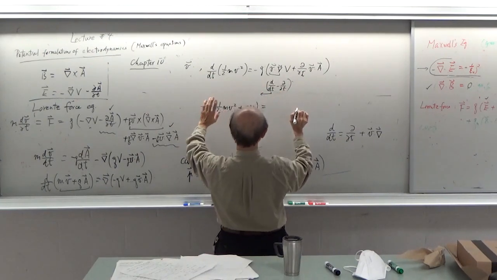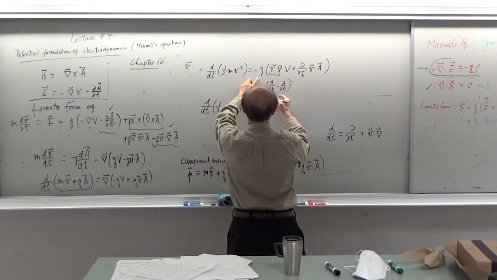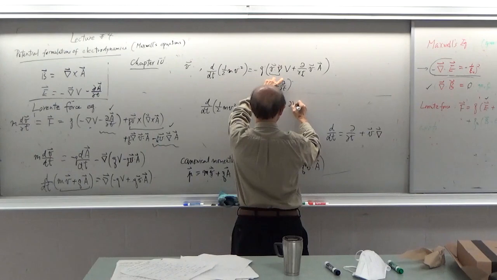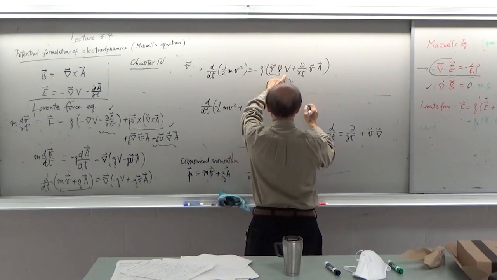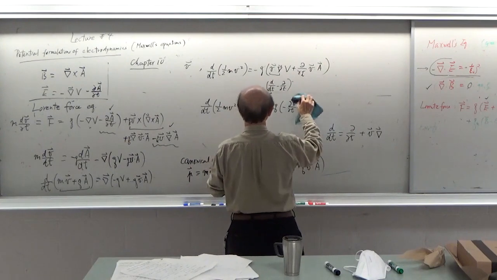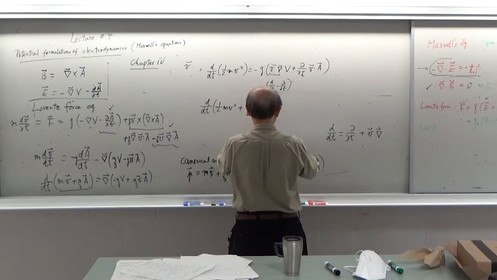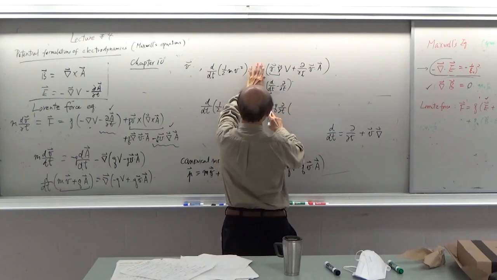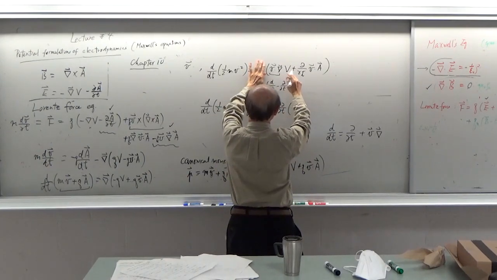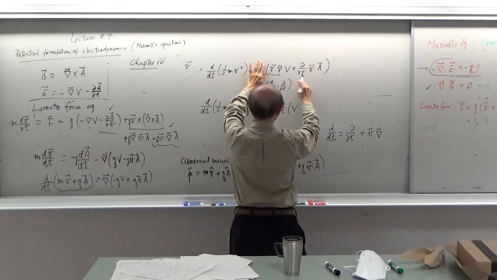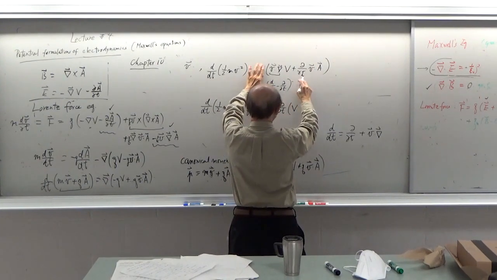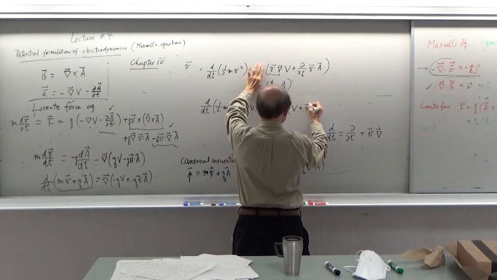Is equal to minus q, of del V by del t, plus v dot del A by del t. Okay, I'm sorry. What I want is that, in fact, both have q and both have del t. That's good. Minus is outside already.